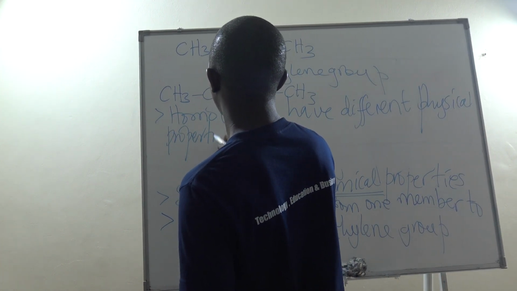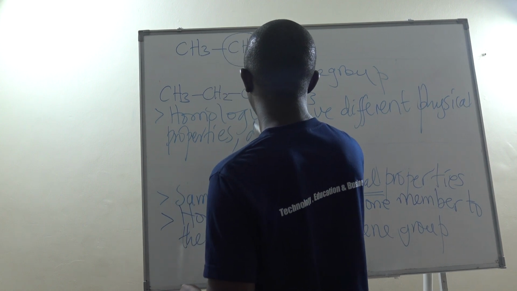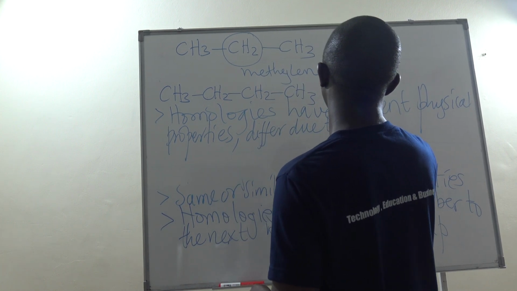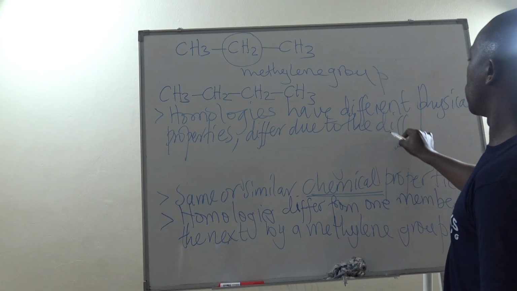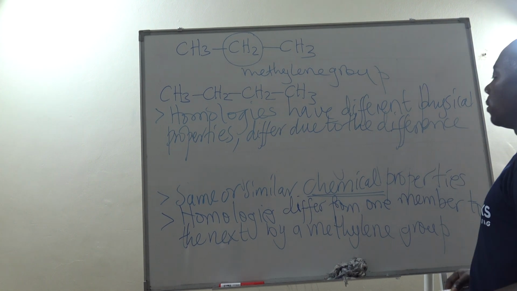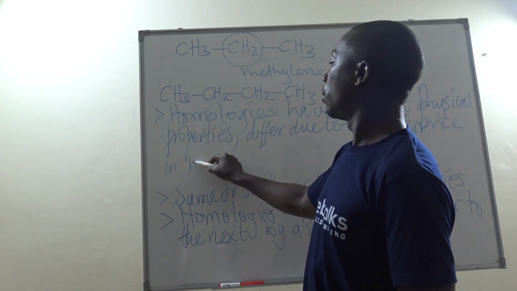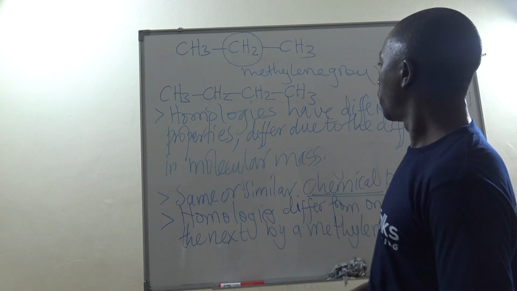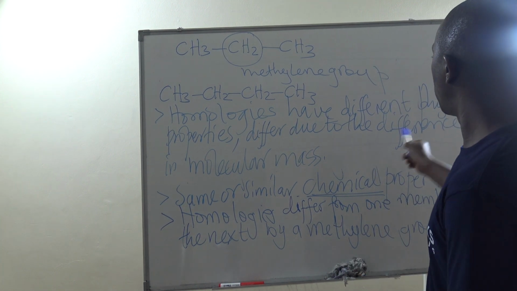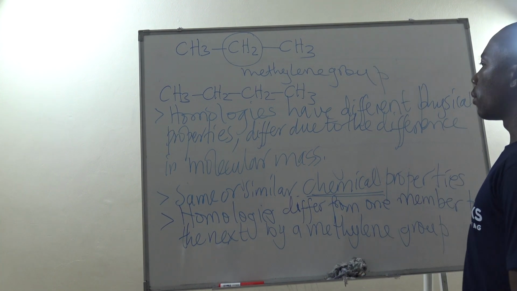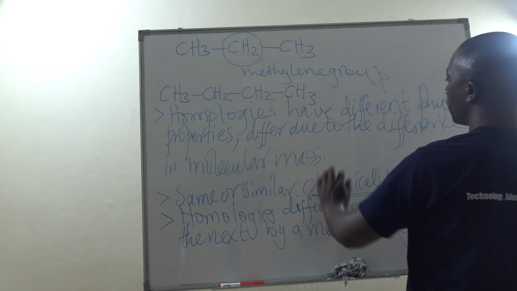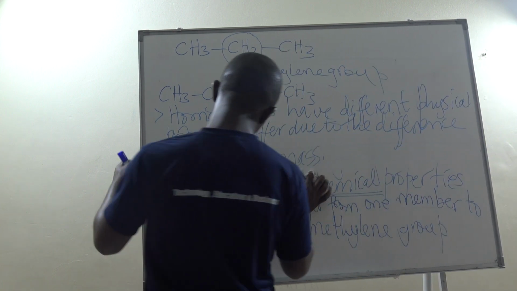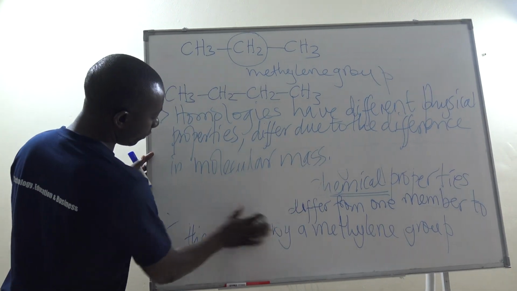And these differ due to the difference in molecular mass. We are saying that homologues have different physical properties, and what causes the difference is basically the difference in their molecular mass. Now, let me look at a few examples of their physical properties.